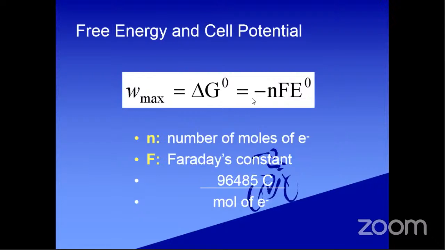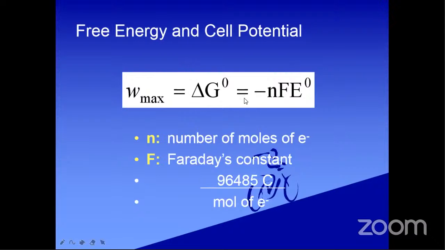So delta G naught is the standard free energy, and E naught is the standard cell potential value. If you take normal values, delta G is equal to minus nFE. If you take the standard values of both, delta G naught equals minus nFE naught.